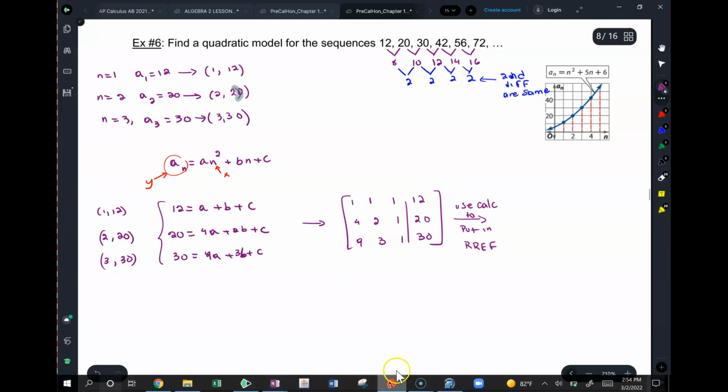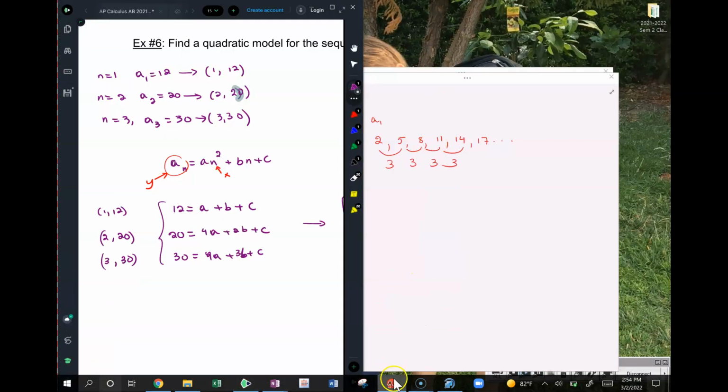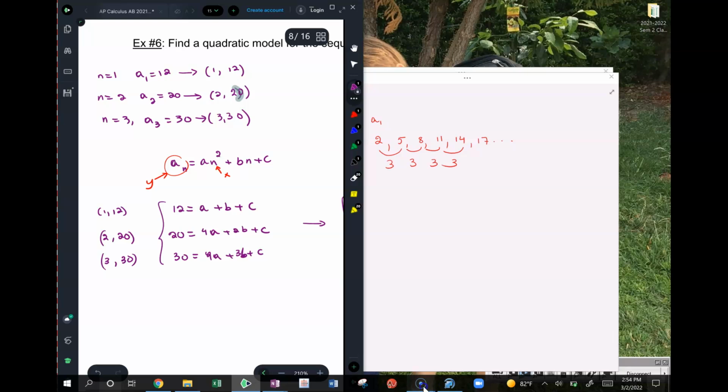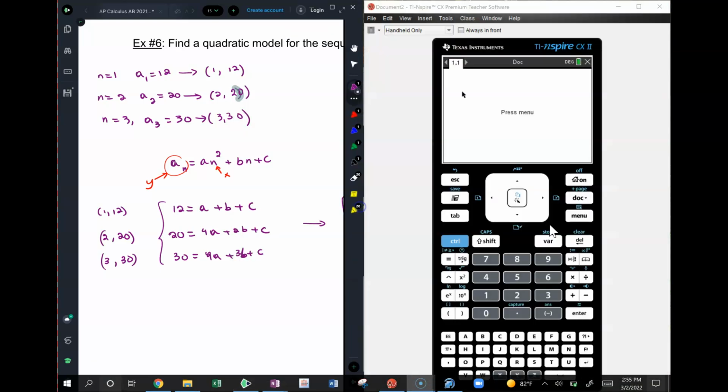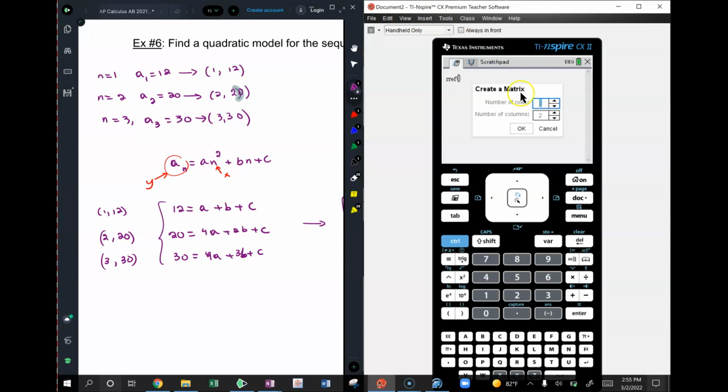So let's do it. The quickest way is to go to menu, matrix and vector, and choose reduced row echelon form. Create a matrix. We want it to be a 3 by 4, correct?